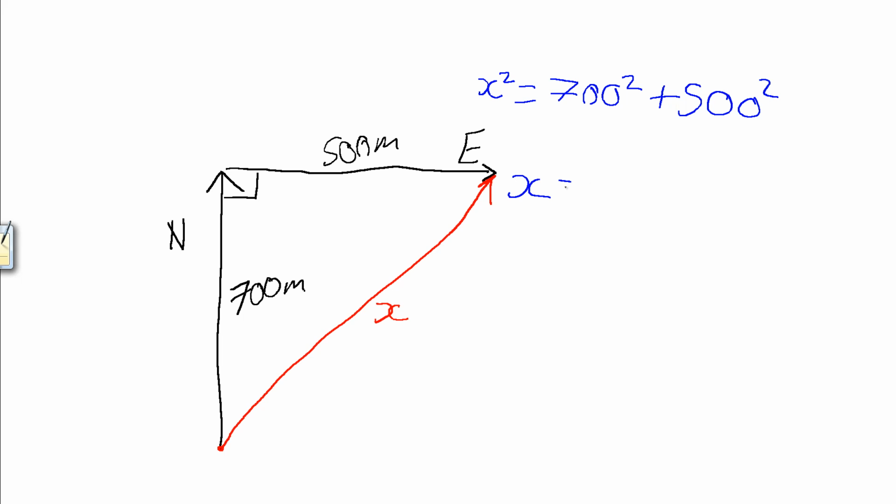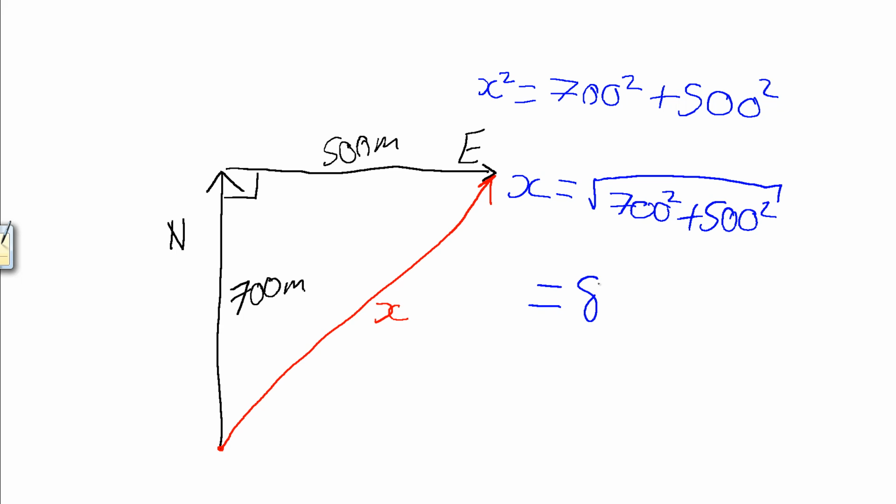So x is equal to the square root of 700 squared plus 500 squared. And if we punch that into a calculator, you'll see that we get 860 meters. So we can see this length x is 860 meters.